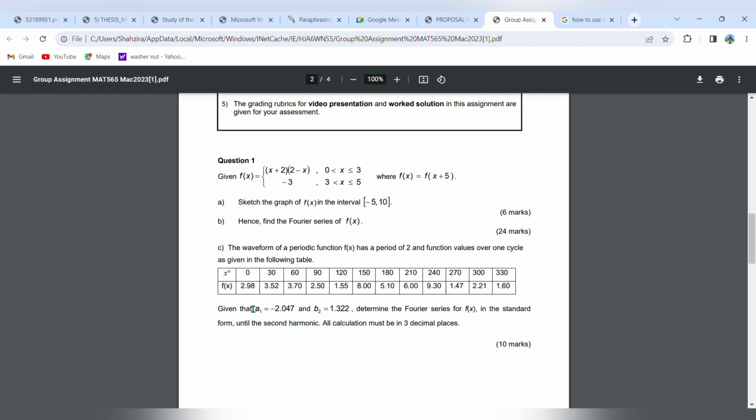Given that a1 equals negative 2.047 and b2 equals 1.322, determine the Fourier series for f(x) in the standard form until the second harmonic, so we should calculate till C2. All calculations must be in 3 decimal points.